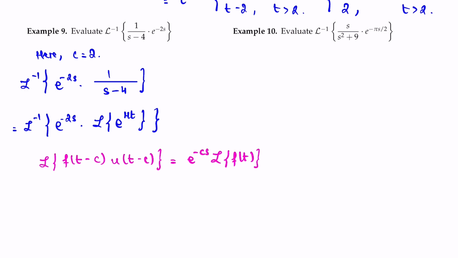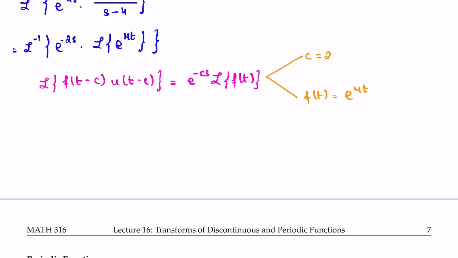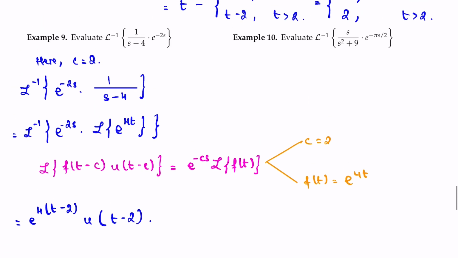Given that c is equal to 2, and f of t, from our analysis, is e to the 4t, when you apply this inverse Laplace transform, you're going to get f of t minus c, or e to the 4 times t minus 2, times u of t minus 2. So that is the inverse Laplace transform that you're looking for.